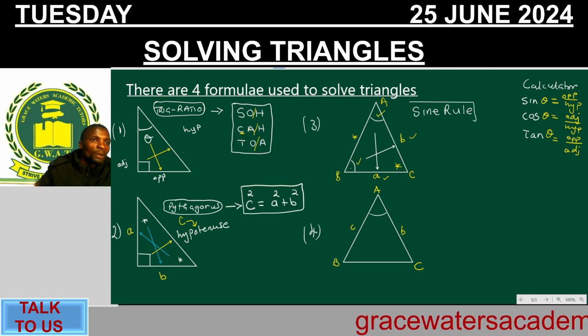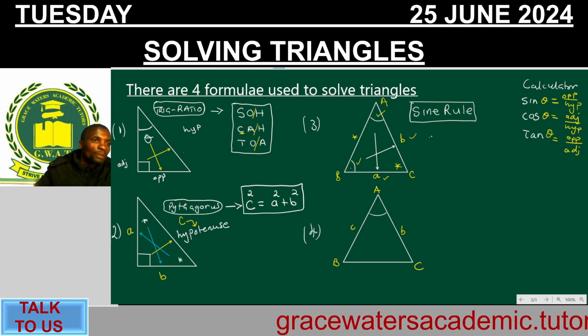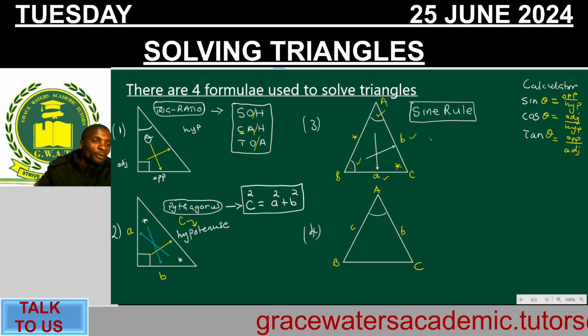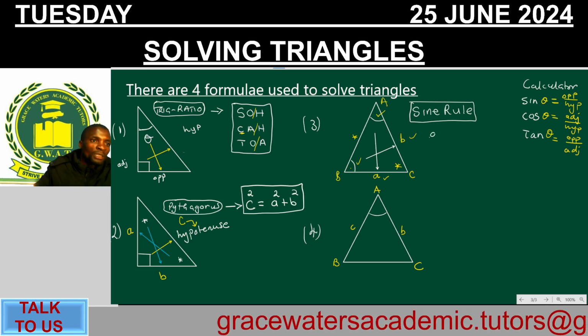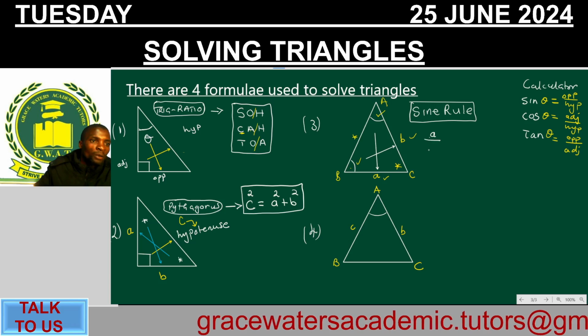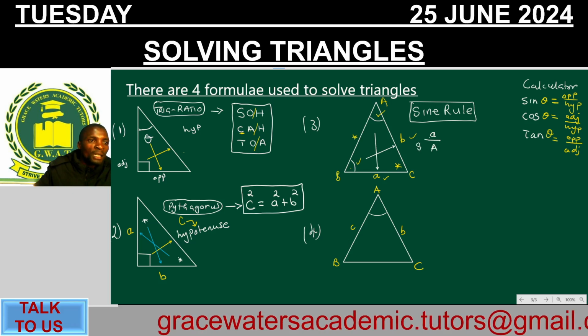Alright, now the sine rule states that the corresponding parts should make a fraction. For example, corresponding side A is corresponding to angle A, but remember now it will be a sine.